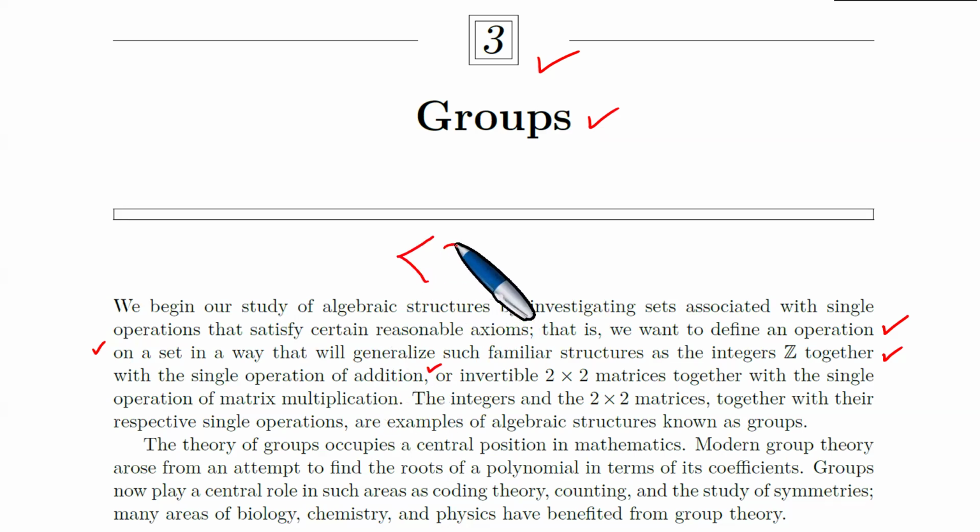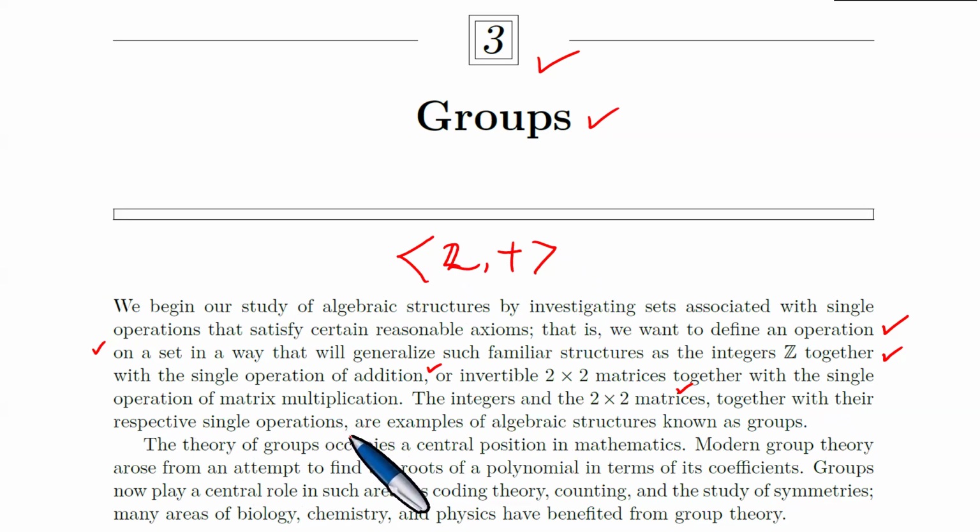Normally we look at the integers with addition, or the 2x2 matrices together with their respective single operations. So when you look at the 2x2 matrices, we look at matrix multiplication there.